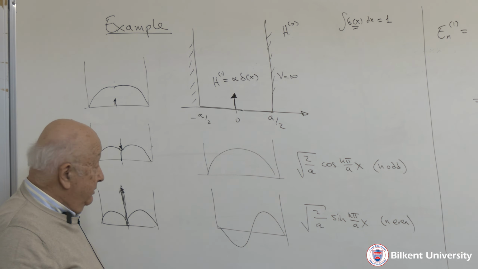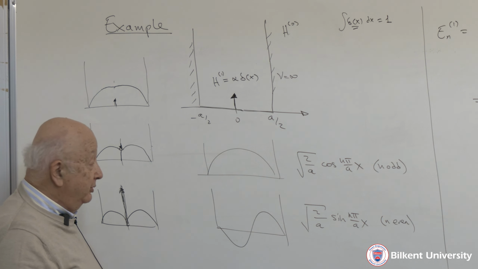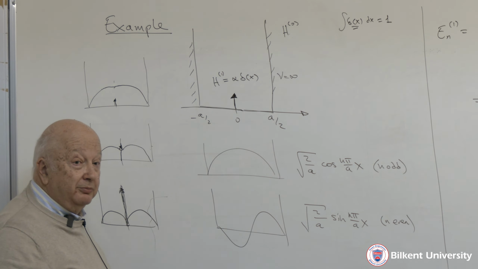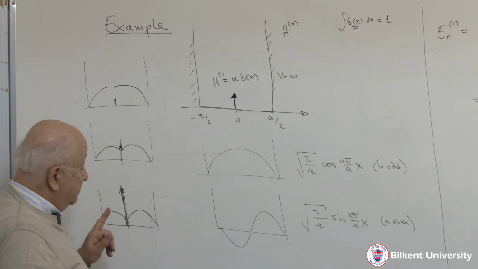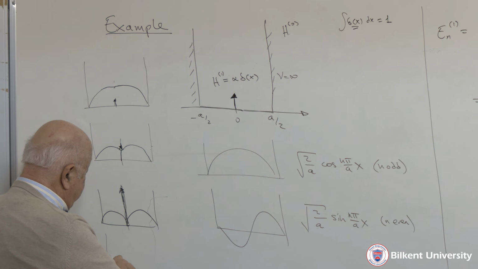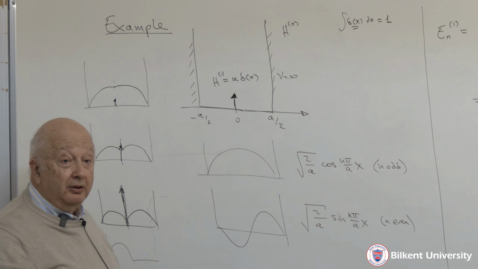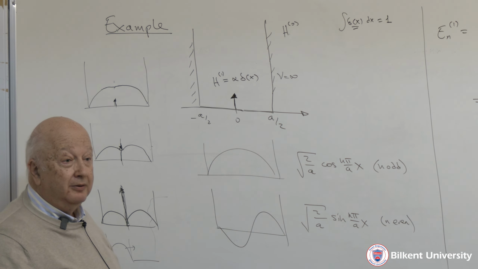Because I don't know where the electron is. But suppose I make some sort of measurement. I scatter a photon or something. And now I found out that the electron is not on the right-hand side, but it's on the left-hand side. The wave function will immediately collapse to something like that. And now there's a force on this piston.